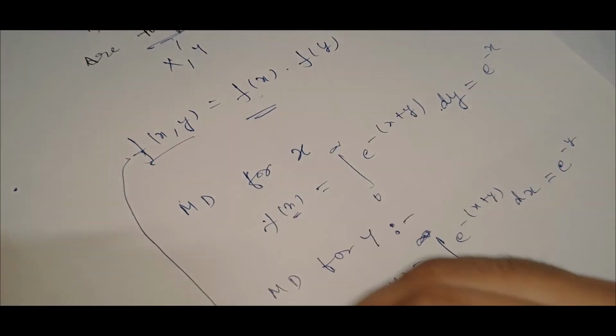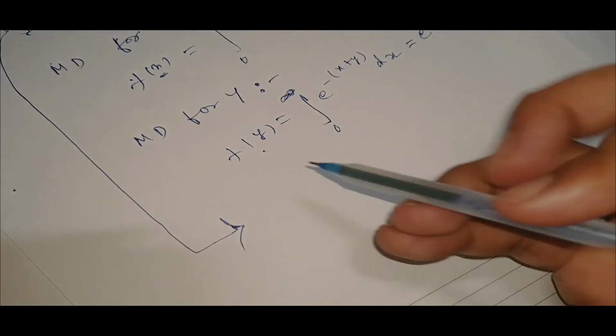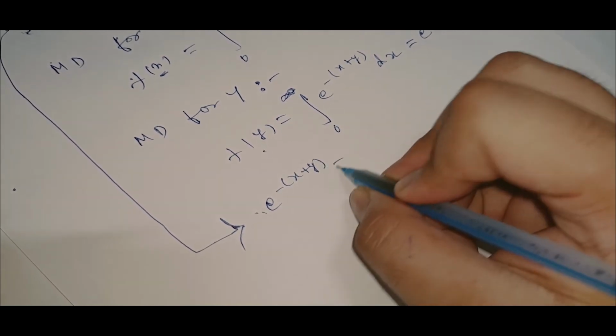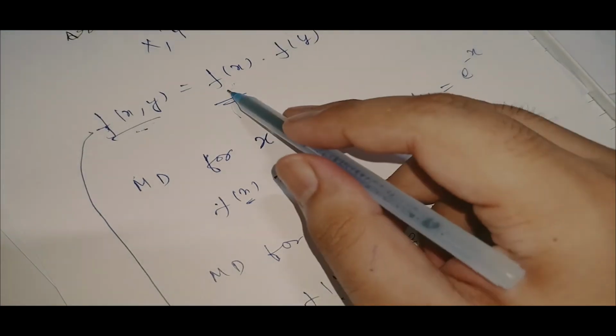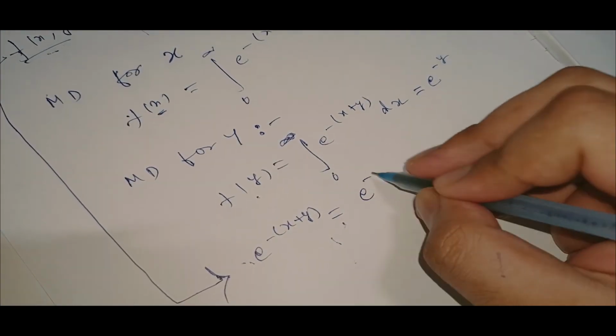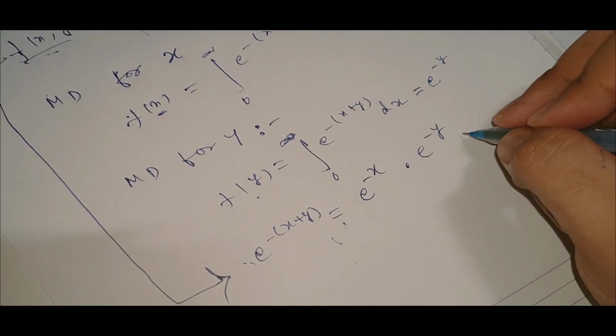Now we'll put these values in this formula. f of x,y is equal to e to the minus (x plus y), and this should equal f of x into f of y. f of x we calculated as e to the minus x, into e to the minus y, that is f of y.